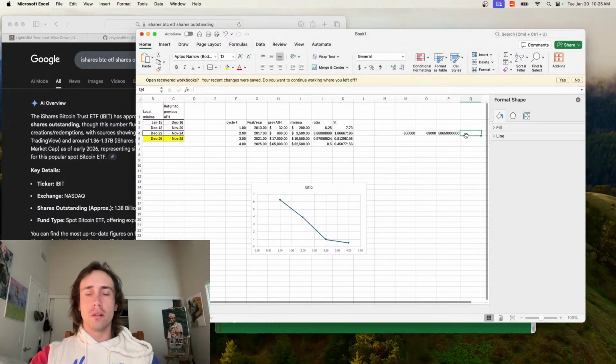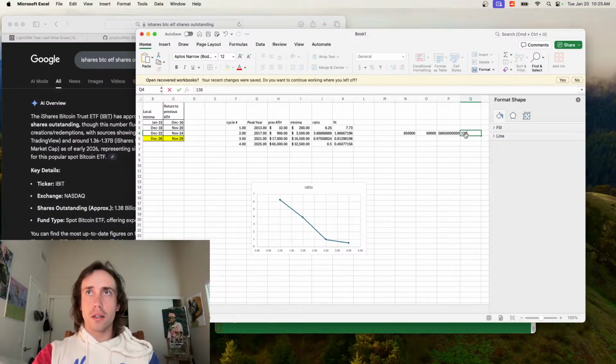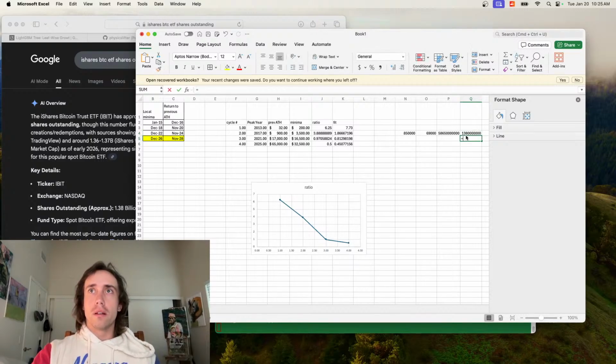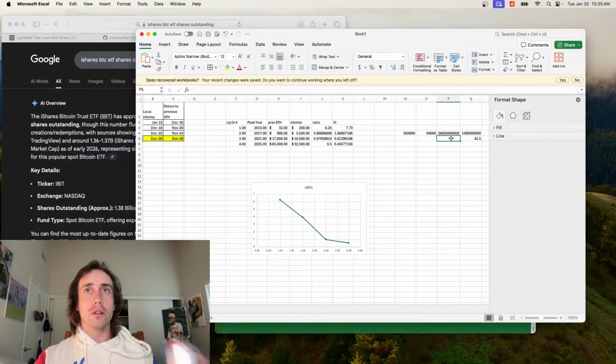Okay. 1,380,000,000,000 equals market cap divided by shares, $42.